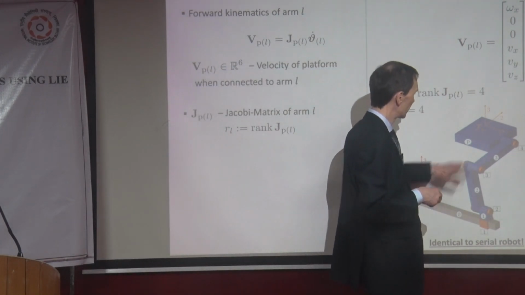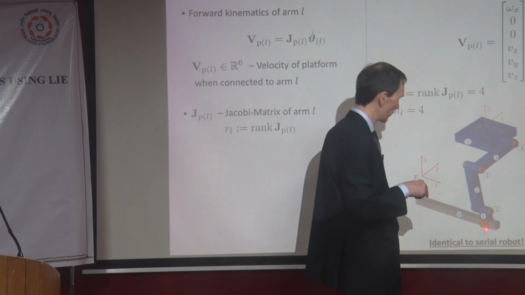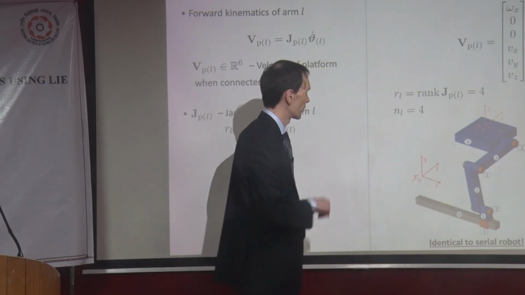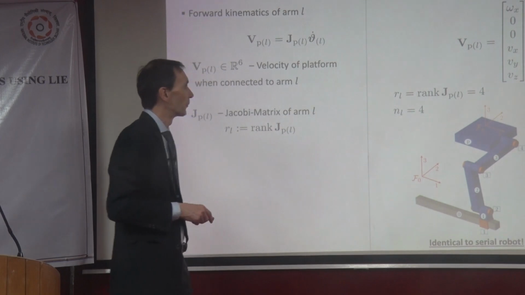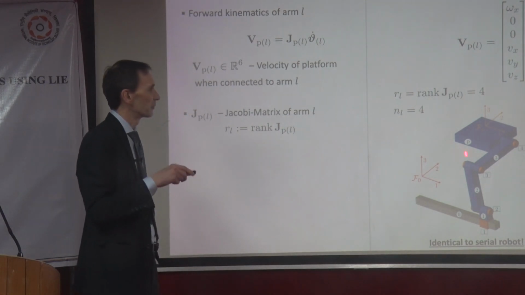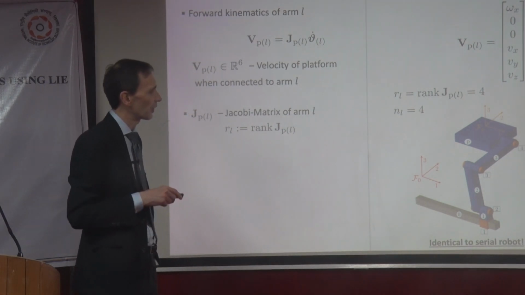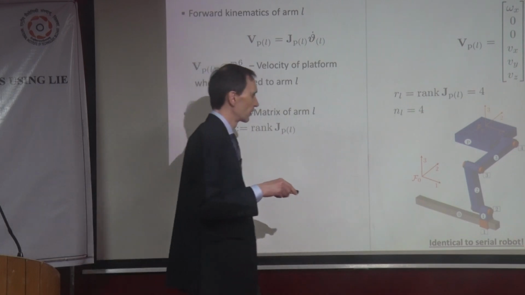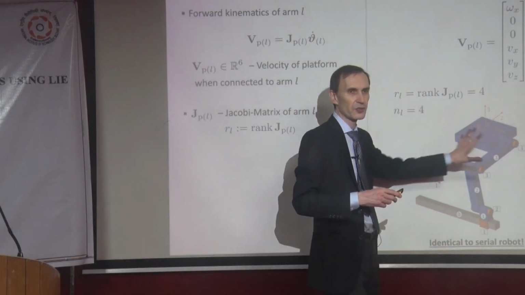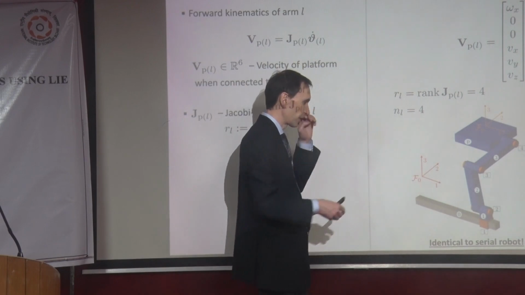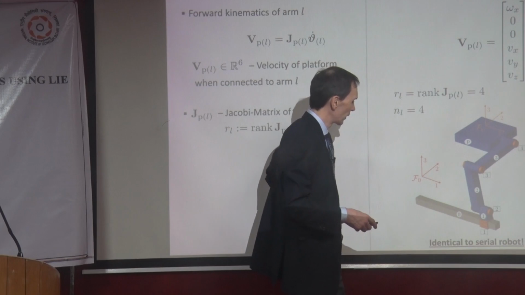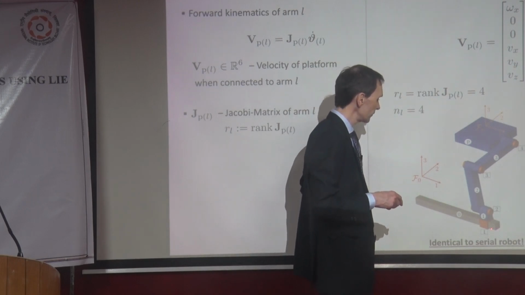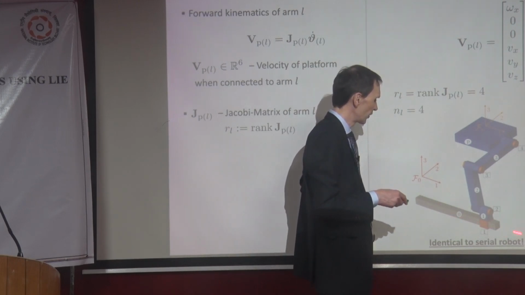So we have now the platform connected to the ground by 1, 2, 3, 4 joints, okay? The platform velocity that you can generate with this open kinematic chain, just imagine this is separate. So what do you get? You translate, of course, with this joint in the x direction.